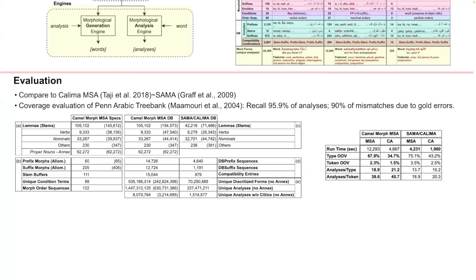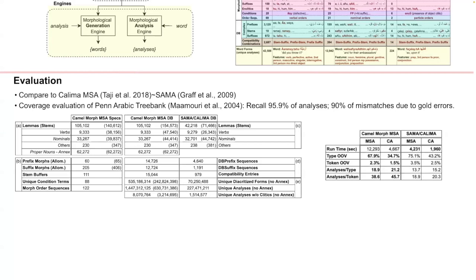This is due to two main reasons. First, the gaps of verbal paradigms we filled by adding command and passive voice stems, most of which were absent in Kalima. And second, the 62,000 mostly undiacritized Wikidata entries, which we identify as proper nouns annex in the table.